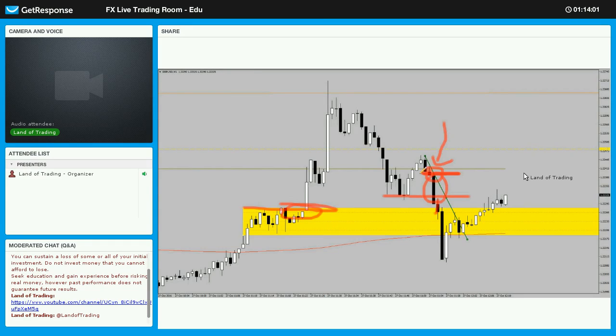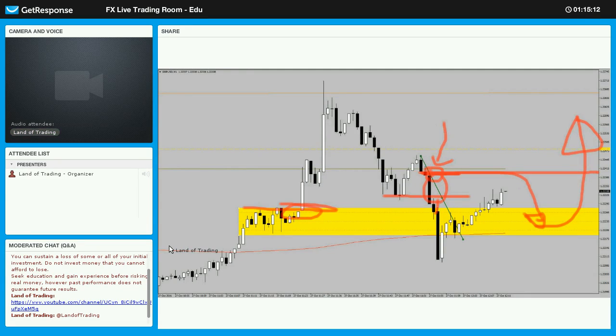So we need to get back above 40, retest 20. That could be the possibility to go long, all right? Oh, is it clear?